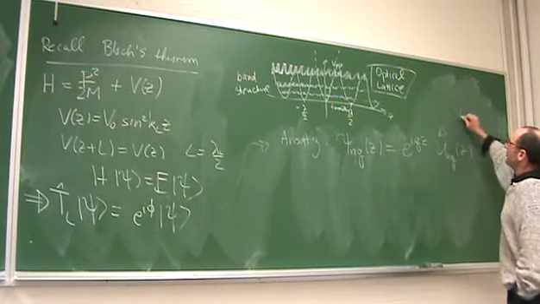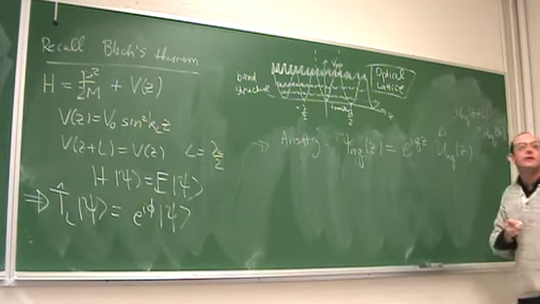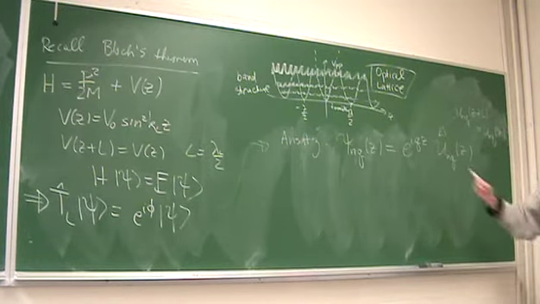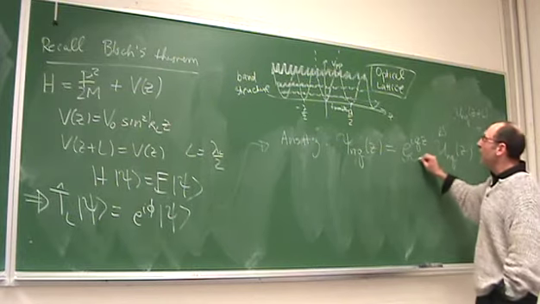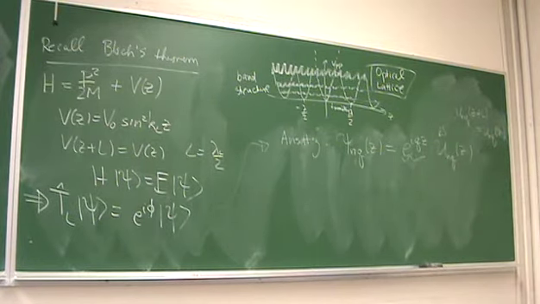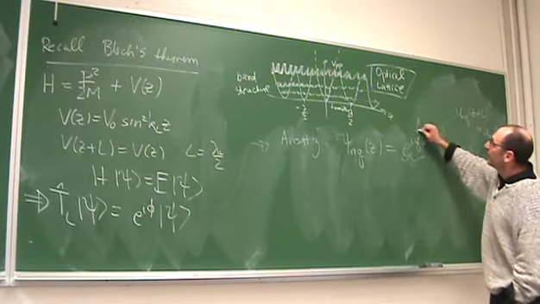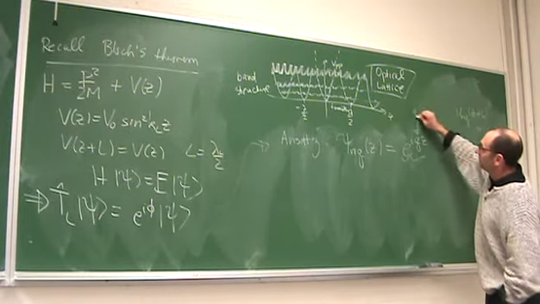So my function u here is periodic. And what modulates it is a plane wave with what is known as a quasi-momentum.